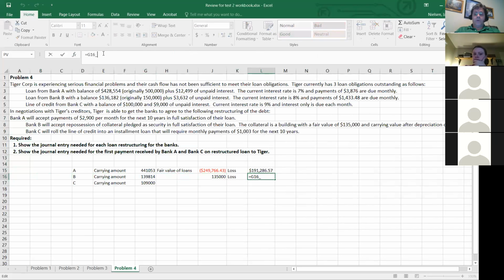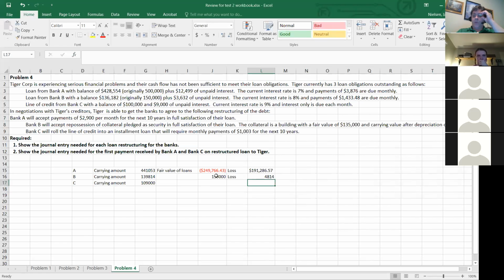Let me use the underscore again. So debit loss, credit note receivable. You could actually go so far as, if you're going to go ahead and repossess the building, put it as building debit 135, credit loan receivable, debit loss.